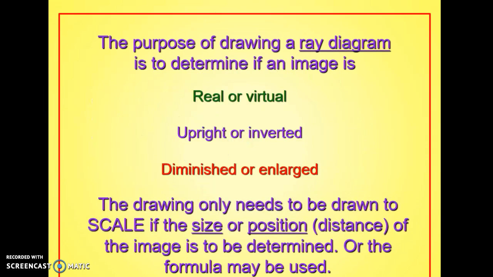This is the purpose of drawing a ray diagram: to explain what type of image is formed. Is the image real or virtual? Is it upright or inverted, and is it diminished or enlarged? You only need to do scale drawing if you need to measure the size or position of the image. Otherwise, we can use Descartes' formula.